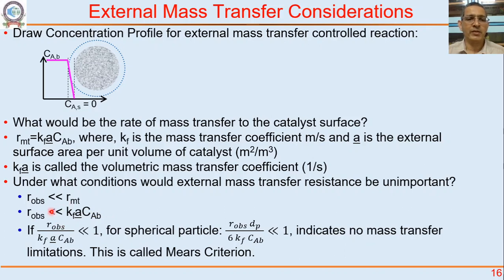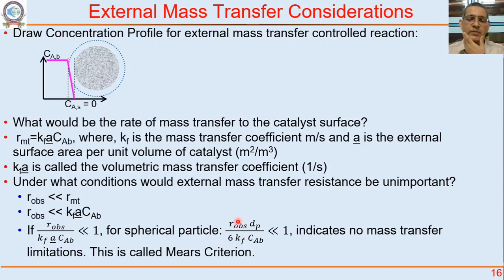I can bring this to the other side: r observed divided by kcA CAb. If this value is far less than 1, then we know that it is not external mass transfer limited. And surface area I can write in terms of 6 divided by particle size, the diameter, if it is a spherical particle. So this is called the Mears criteria.